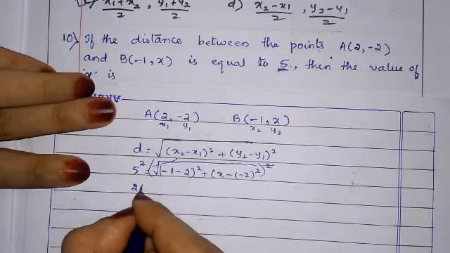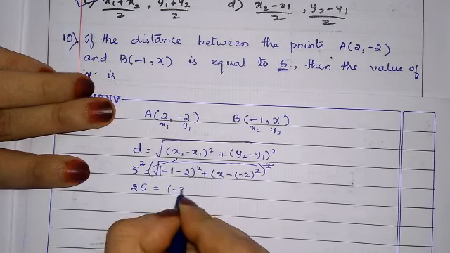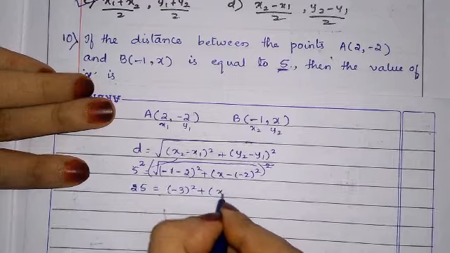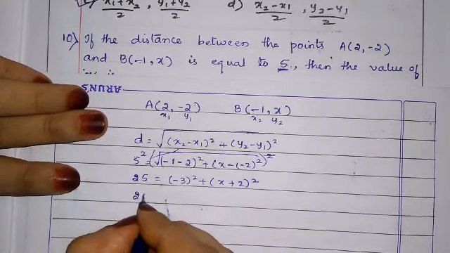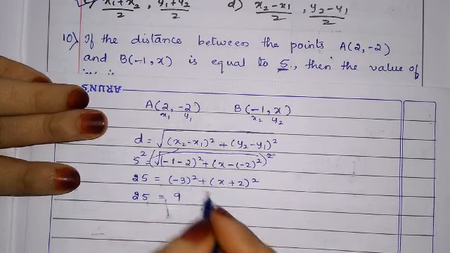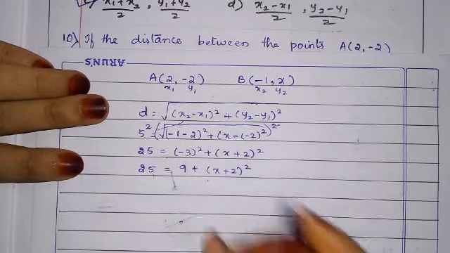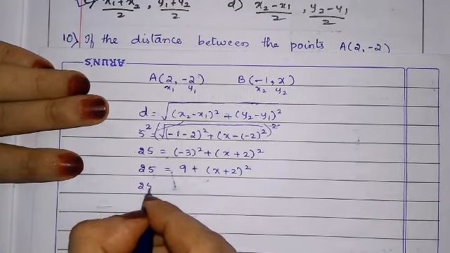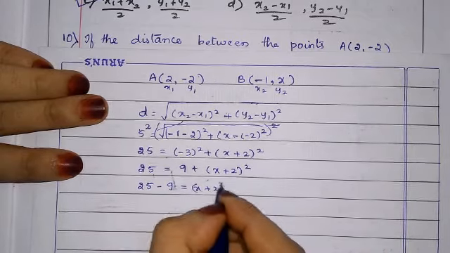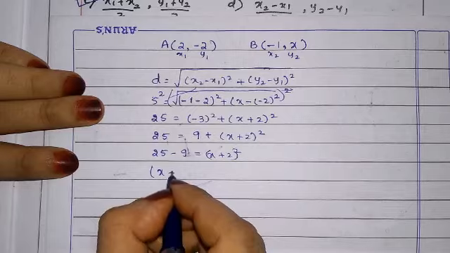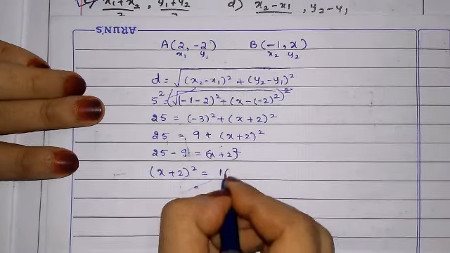So 5 square is 25, equals (-1 minus 2) is -3 square, plus (x plus 2) whole square. 3 square is 9, plus (x plus 2) whole square, which we keep as it is. 25 minus 9, so what is left? (x plus 2) whole square is equal to 25 minus 9, which is 16.